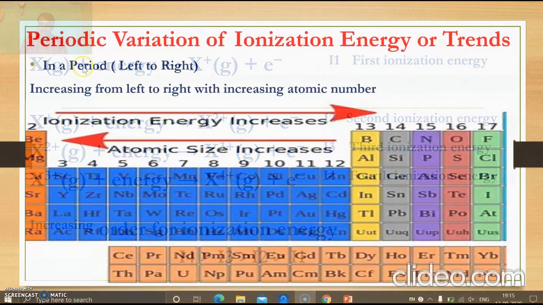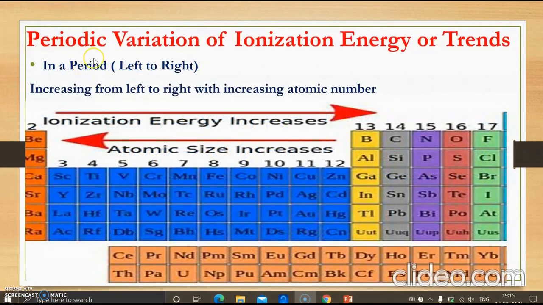Now we will see the periodic variations of ionization energy, or trends, meaning what happens from left to right and top to bottom. So firstly we see along a period, that is left to right, ionization energy generally increases from left to right with increasing atomic number.